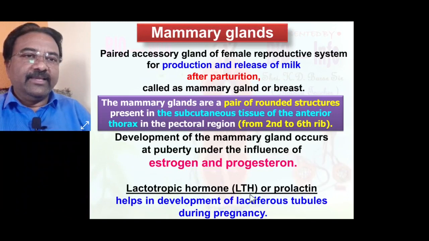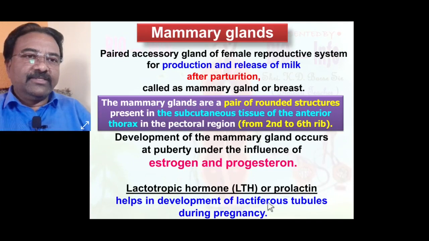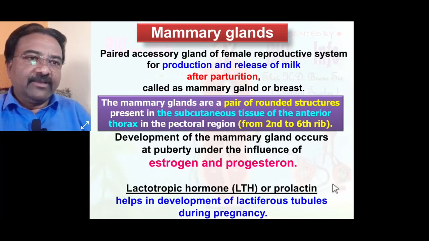Lactotropic hormone LTH or prolactin hormone helps develop lactiferous tubules during pregnancy, because lactiferous tubules produce milk. Which two hormones act to develop mammary glands? Estrogen and progesterone. Here different hormones play different roles in the action on the mammary gland.